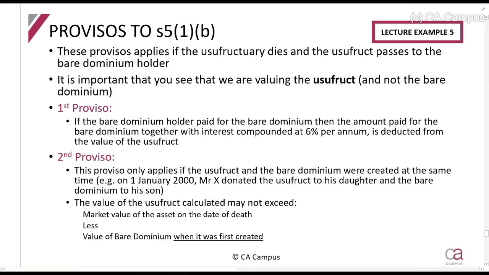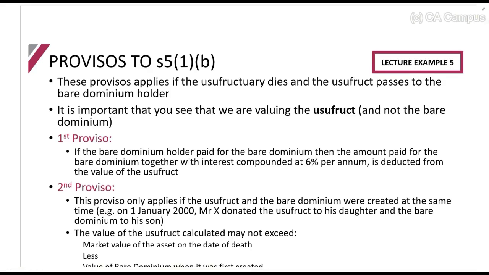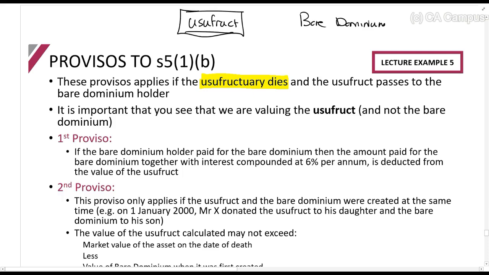Now, what I want you to understand is we are looking at this in a situation where the usufructuary dies. Now, remember, the usufructuary is a person that had the usufruct. Now, what I want you to understand, in terms of the common law, is that when I give someone a usufruct, I can tell them, when you die, the usufruct goes to the next person.